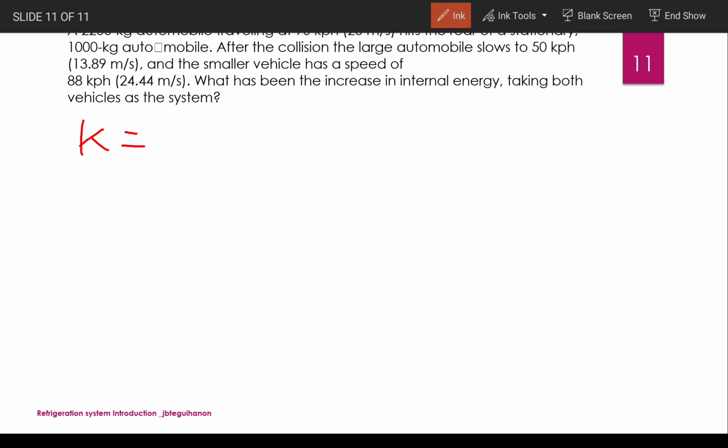Kinetic energy is equal to 1/2 mass of automobile times the velocity squared of automobile. Of course, we're talking about automobile 1, right?